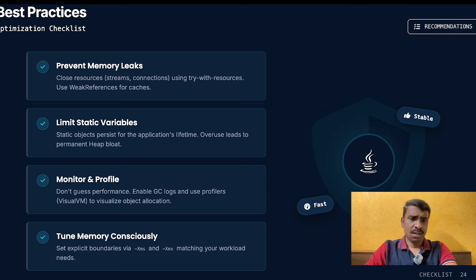So limit static variables. Then monitor and profile. Don't guess performance. Enable GC logs and use profilers to visualize object allocation. You can use tools like VisualVM. You can monitor everything. There are many ways to monitor. So you monitor and profile to know if there are any memory issues.